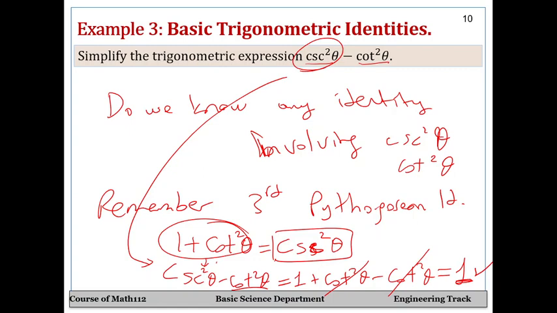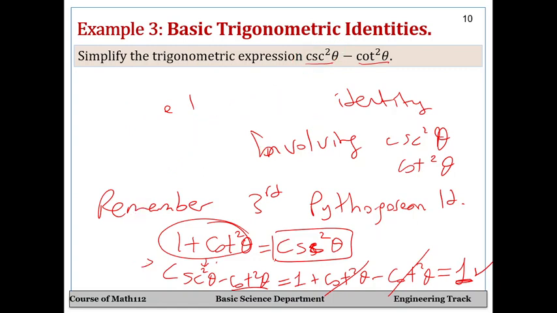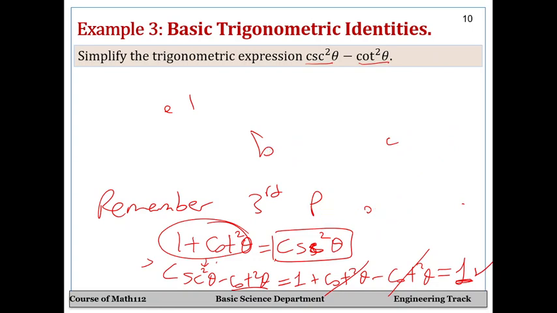Can we do it in other ways? Yes, indeed, there are lots of ways of doing it. One other way is to write cosecant as 1 over sine theta, so you can write it as 1 over sine theta squared minus what is this? This is 1 over tangent theta.